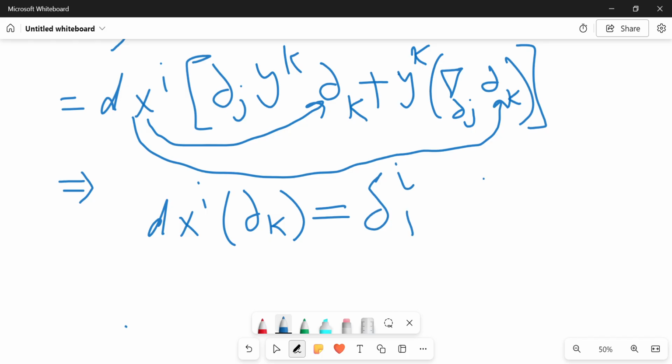We had it in an earlier video that dxi with dk, this is the dot product. If this is I and I, it gives me 1. Otherwise, it gives me 0.